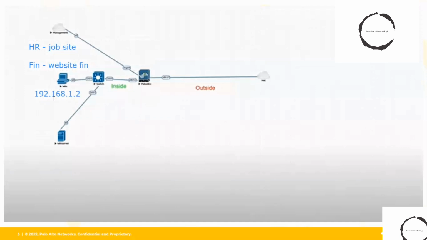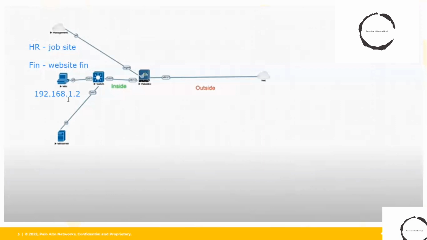When your HR user logs in with this machine, 192.168.1.2, he can access the job website. But when your finance user logs in with this same machine, the same IP address 192.168.1.2, he cannot access the job website.